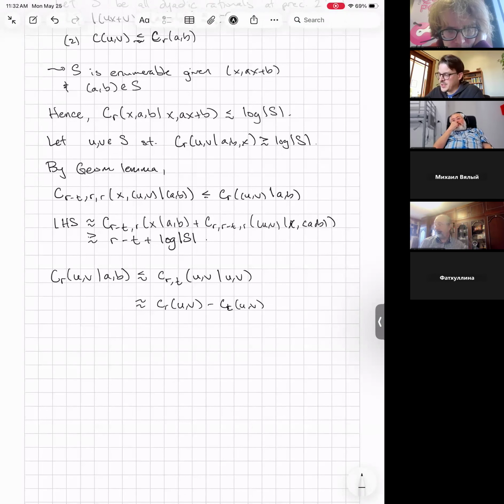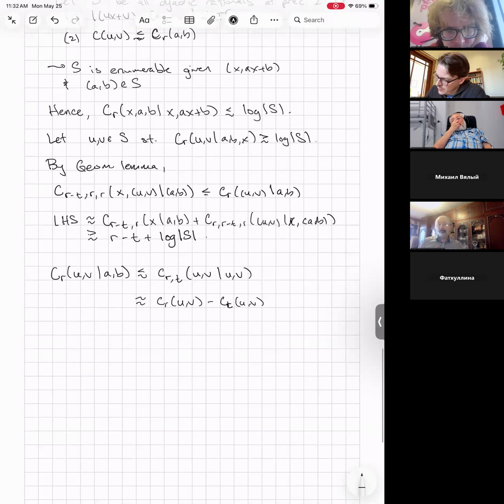So symmetry of information, it's this. And now notice that because of the way I defined S, the complexity of UV at precision R is at most that of AB.